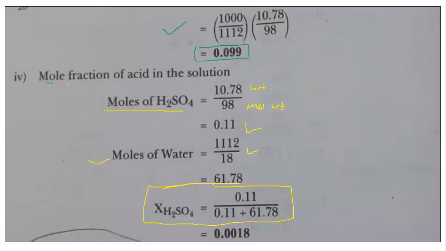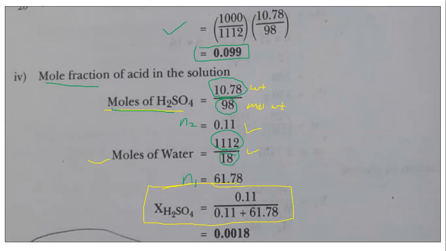Now similarly, mole fraction. Moles of H2SO4, how much gram is there? 10.78 gram. Its molar mass is 98 gram. So this is the moles of H2SO4. Here it's moles of water. How much water was there? Solvent was 1112 gram, upon its molecular weight.